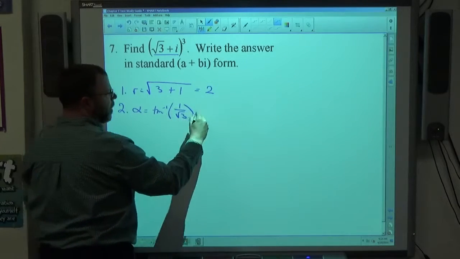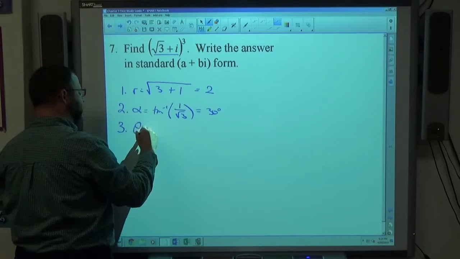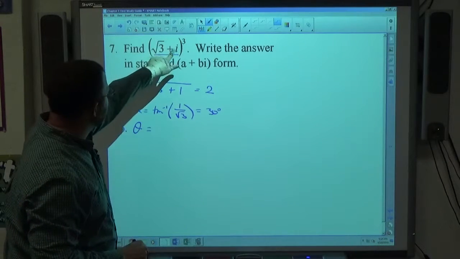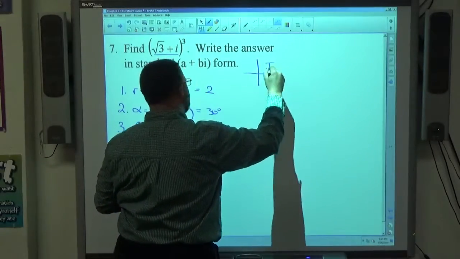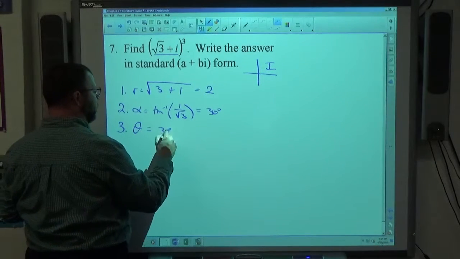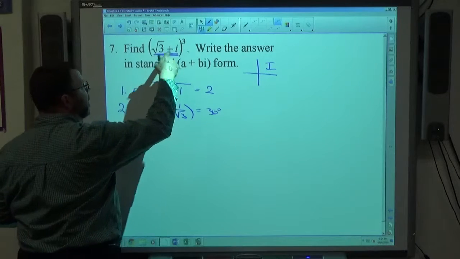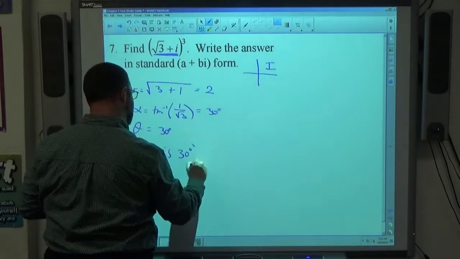That's the same as square root of 3 over 3, which is 30 degrees. And then step 3, theta: if I'm going to the right and up, positive right, positive up, this is in the first quadrant. In the first quadrant, theta is equal to alpha. So 30 degrees is the theta. So this imaginary number is equivalent to 2 CIS 30 degrees.